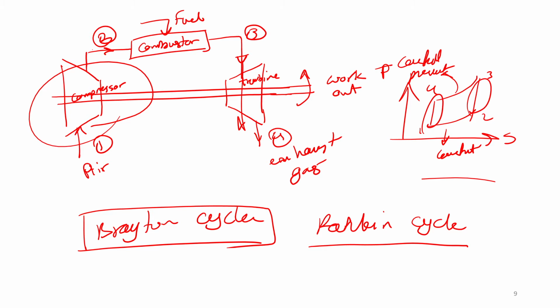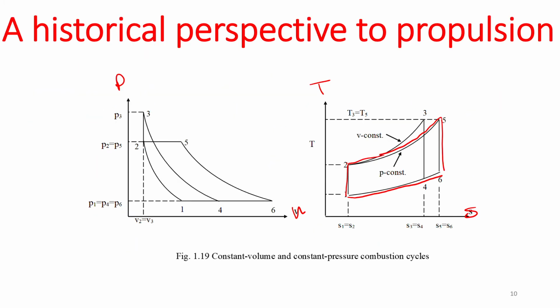So in the real world, we are adding fuel from 2 to 3. There's combustion happening, but the assumption is that the air is so compressed that when you move it to combustion, it starts exploding in a constant entropy process.